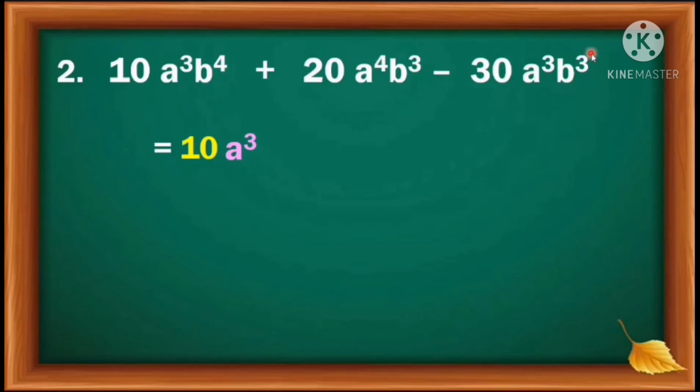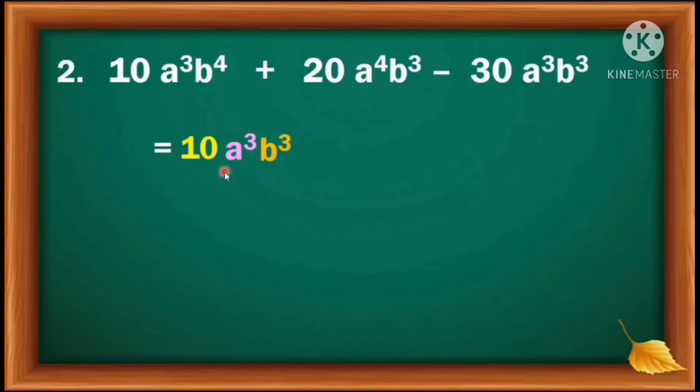Alin doon ang may pinakamababang exponent? That is b cubed. So we have b cubed to be the GCF. And the GCF between these three terms would be equal to 10a cubed b cubed. Ayun po ang GCF. Second step, we will divide this polynomial by the GCF.